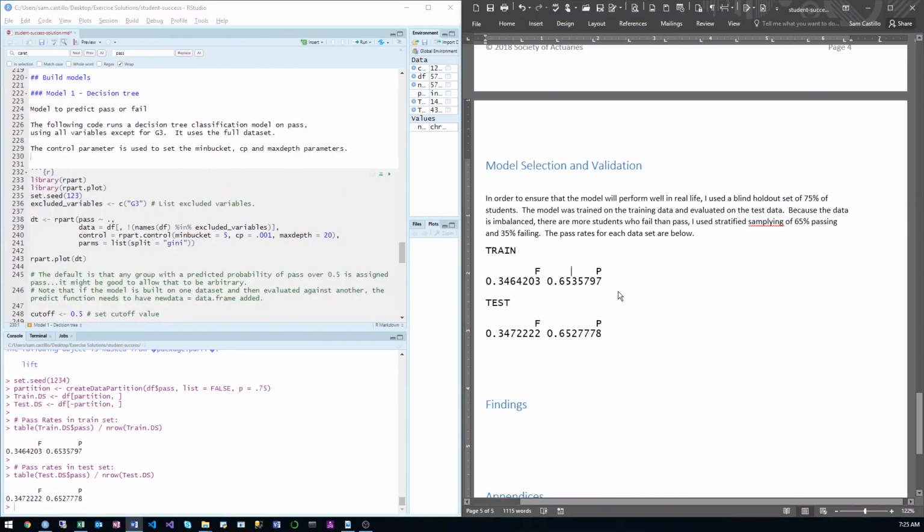Okay, so this is a long section. This one section is model selection and validation. So I need to do a lot of writing and put in a lot of output. The first model that I tested was a decision tree to predict pass or failure.